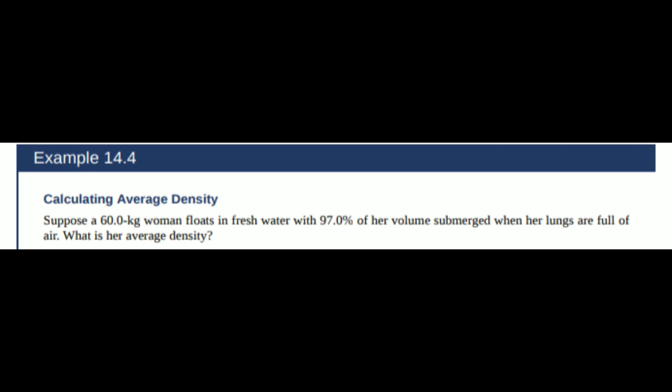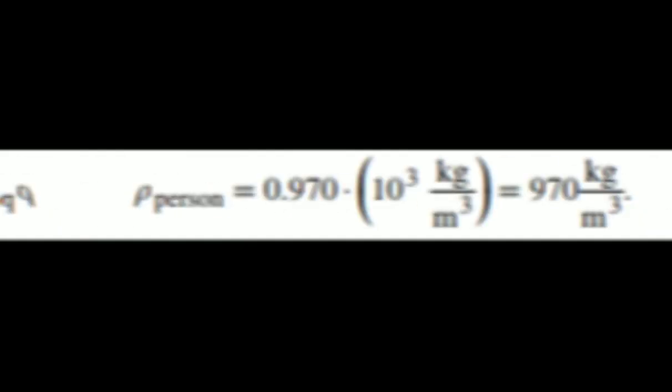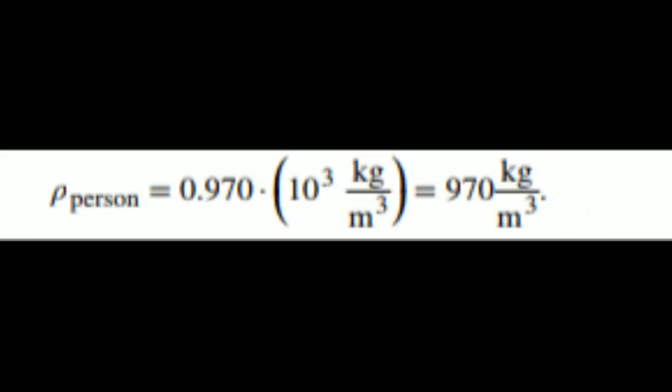Entering the known values in the expression for her density, we obtain the density of a person is equal to 0.970 multiplied by 10 to the power of 3 kilogram per meter cubed, which is equal to 970 kilogram per meter cubed. So the significance: the woman's density is less than the fluid density, and we expect this because she floats.